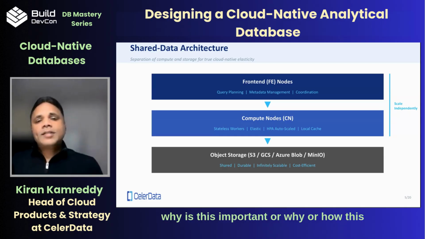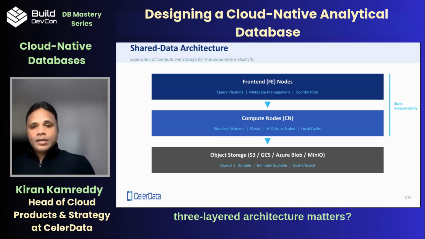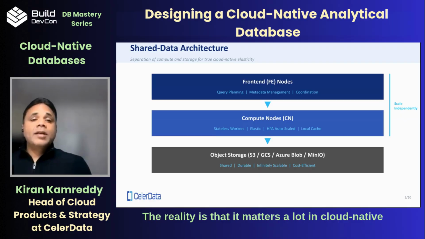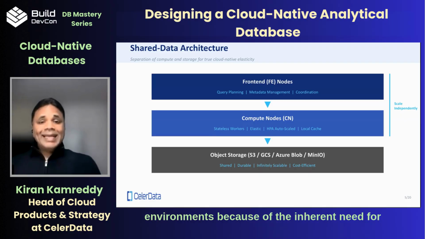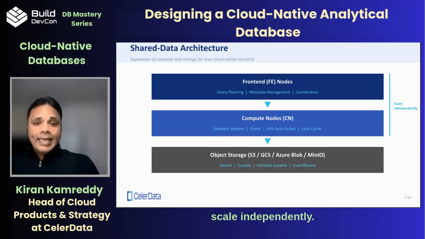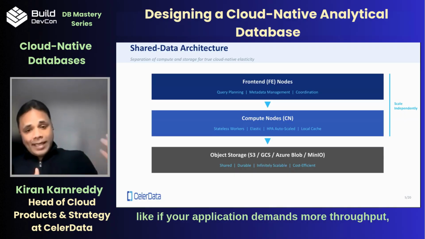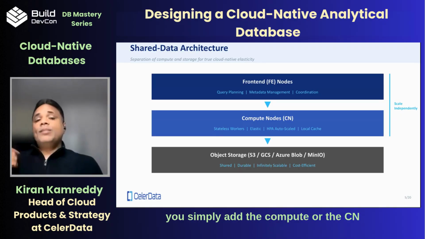So you must be thinking, why is this important, or how does this three-layered architecture matter? The reality is that it matters a lot in cloud-native environments because of the inherent need for compute and storage to scale independently. For example, if your application demands more throughput, you simply add compute or CN nodes.